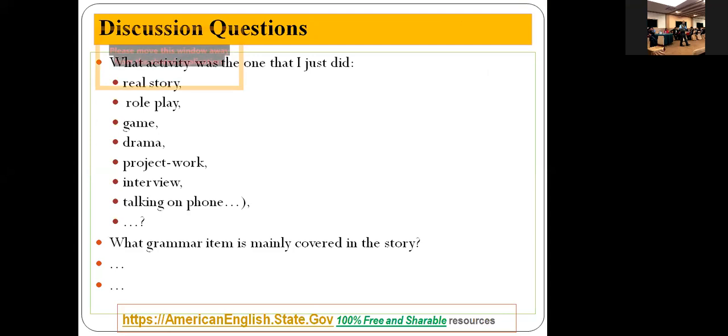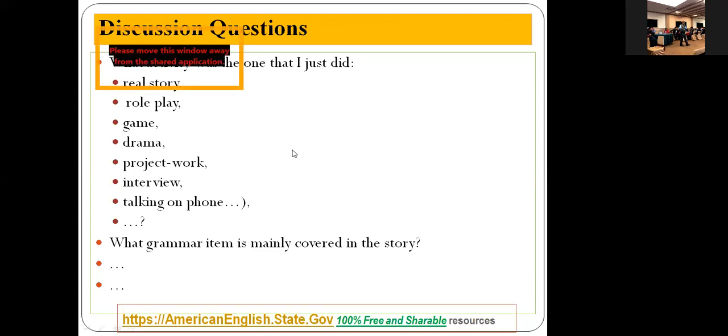Here are some discussion questions. You may write in the chat box what kind of activity this is that I just did. I have some options here. Conversation, dialogue, that's good. You can write your own idea, or you can write any of these from here: role play, games.